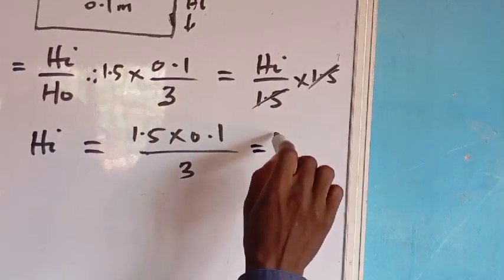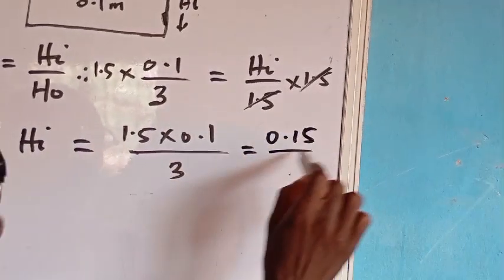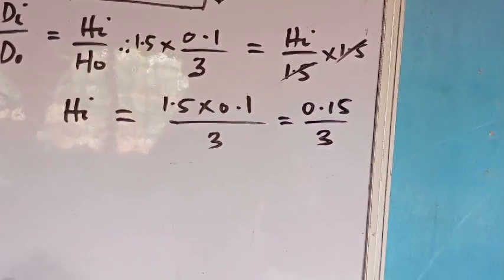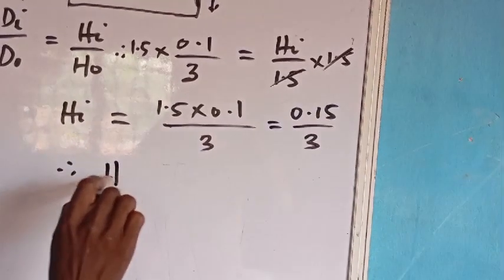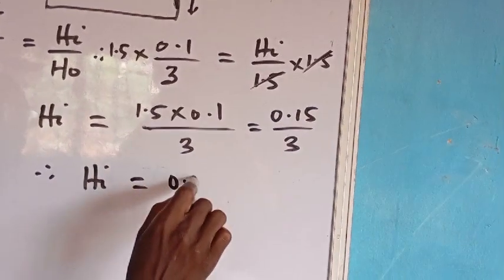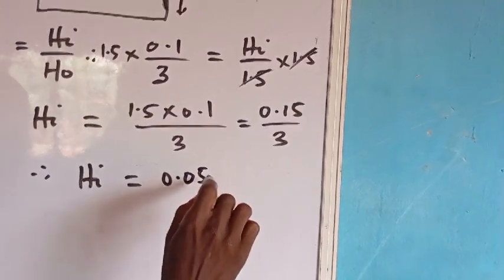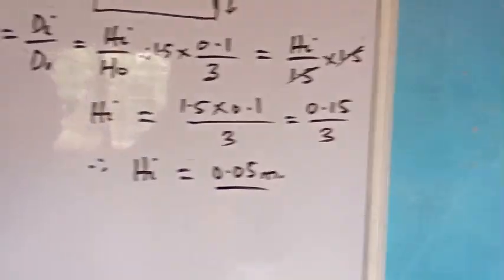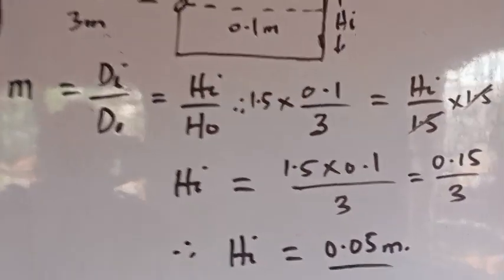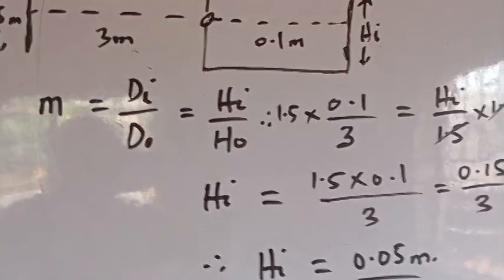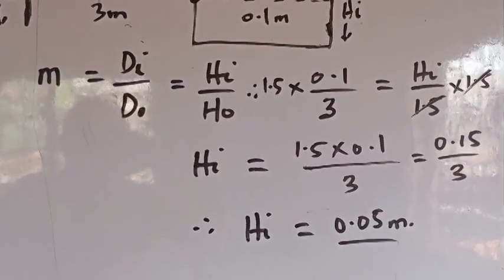From here, this becomes 0.15 upon 3. When you divide, this becomes 0.05 meter. This becomes the image height, and the question asked for the image height.